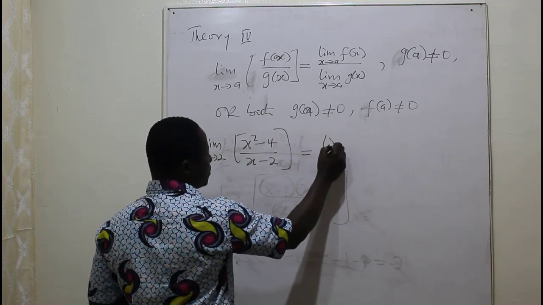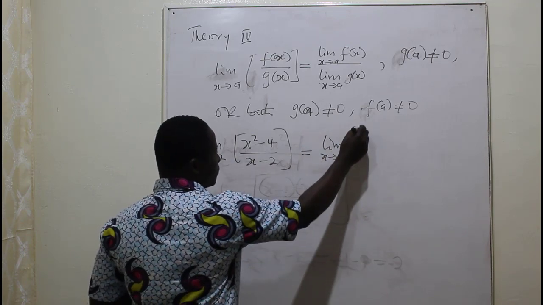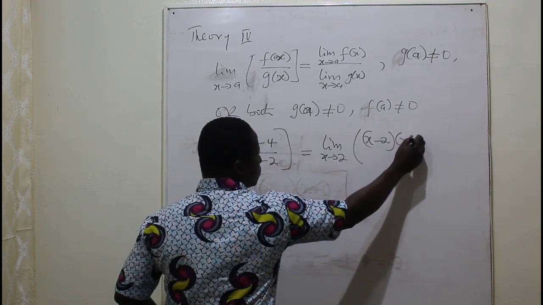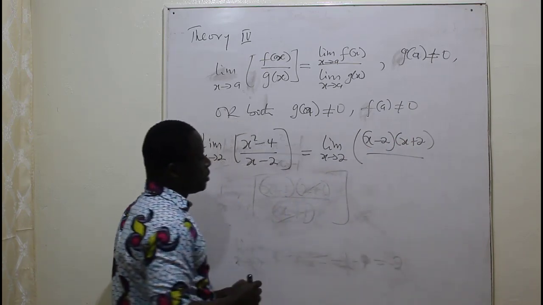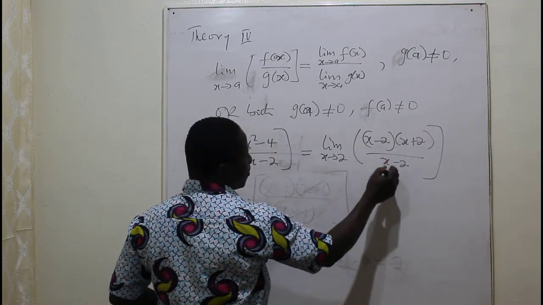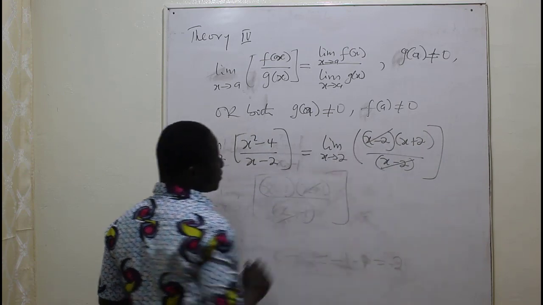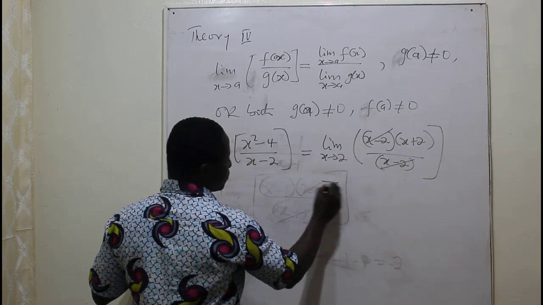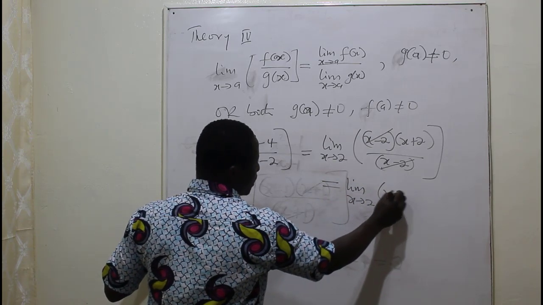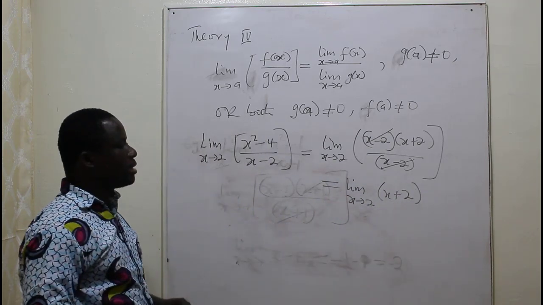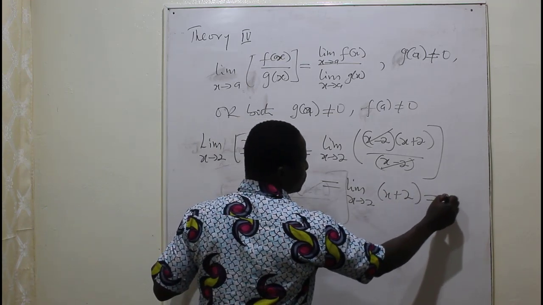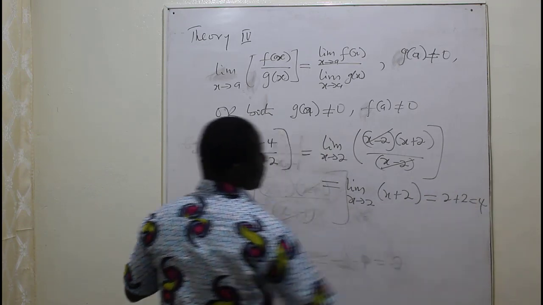It will be the limit as x approaches 2 of x minus 2 times x plus 2, which is a difference of 2 squares, over x minus 2. The common factor cancels, and the result changes to the limit as x approaches 2 of x plus 2. And as x approaches 2, the answer is now 2 plus 2, which is 4.